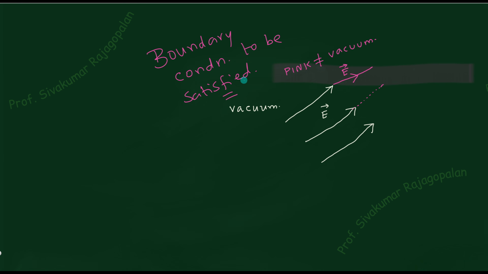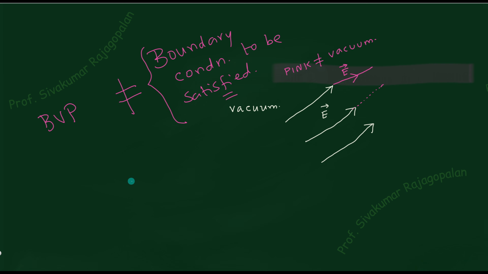This has to be satisfied according to the differential equation that you have, namely the Maxwell equation. Naturally, it is obeying a certain rule, and according to that rule only, this is going to bend like this and go. How it is going to bend, we will see when we discuss the actual topic. I want to emphasize now the terminology boundary condition to be satisfied. This is not the same as boundary value problem.